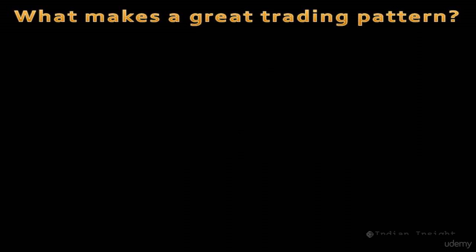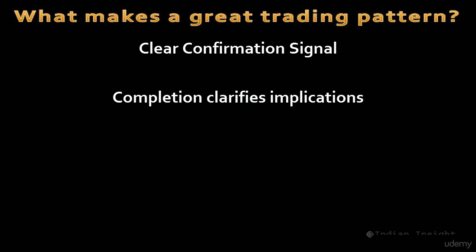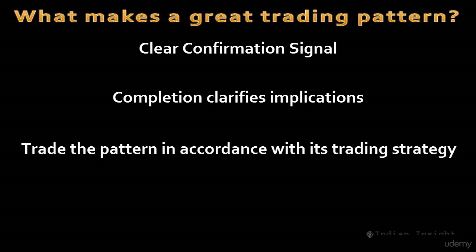The second important characteristic of a great trading pattern is that it should have a clear confirmation signal that tells you that the pattern is complete. Once a pattern is complete, you would know the implications of that pattern, and then you should be able to trade the pattern in accordance with the pattern's trading strategy.